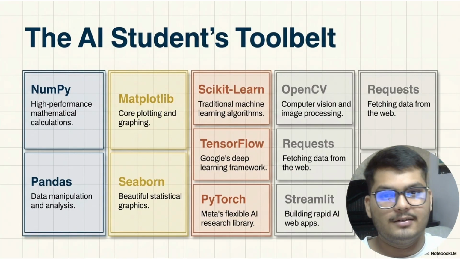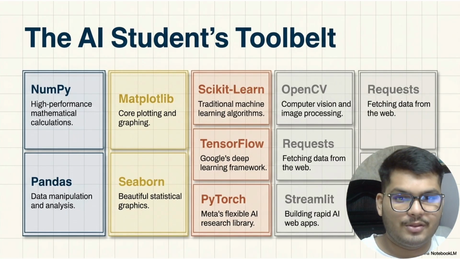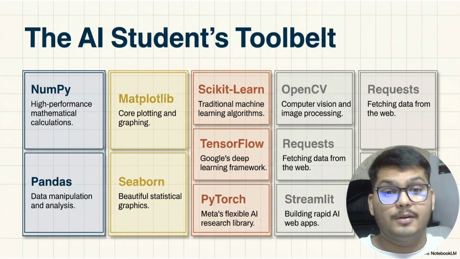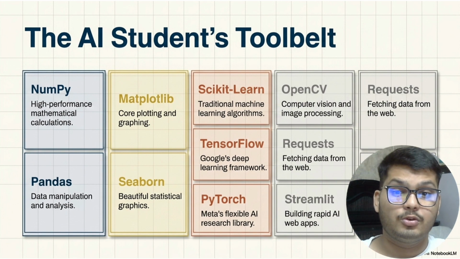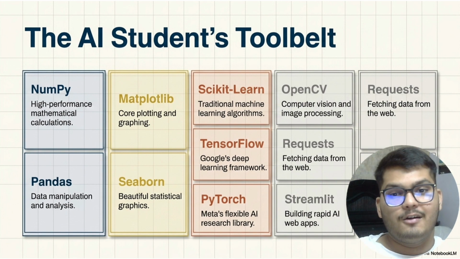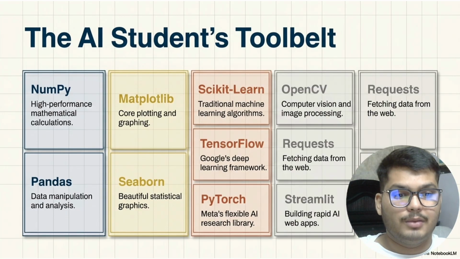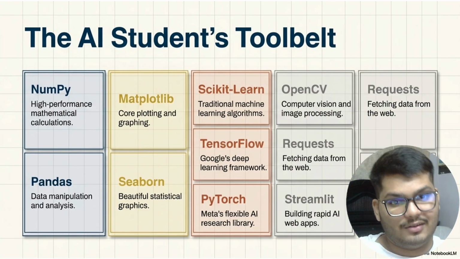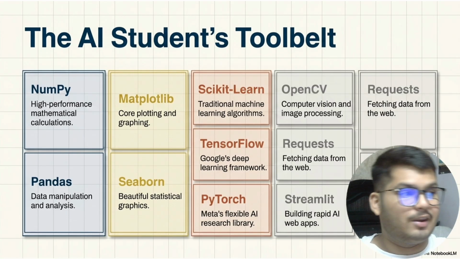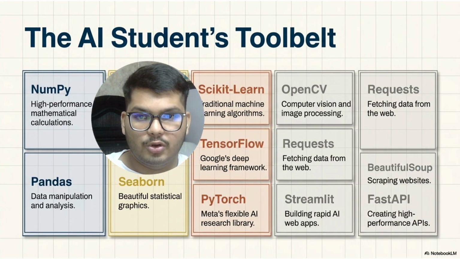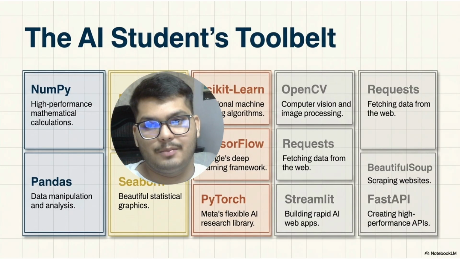And Scikit-learn for traditional machine learning algorithms. Basically these all are Python libraries. TensorFlow is Google's deep learning framework. PyTorch is Meta's flexible AI research library. OpenCV is for computer vision and image processing. Requests, Streamlit, Beautiful Soup and FastAPI. You can just see that. Let me show you. Beautiful Soup and FastAPI.